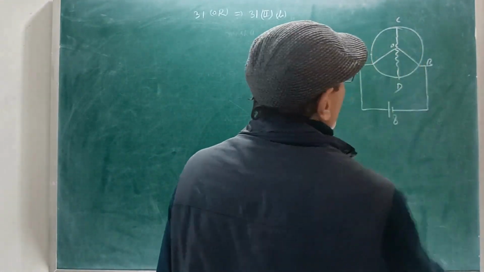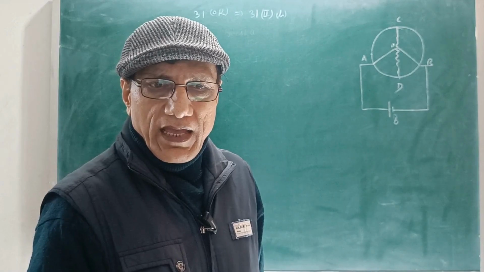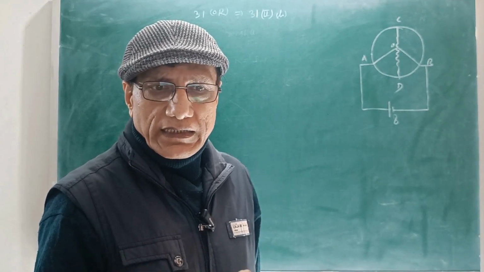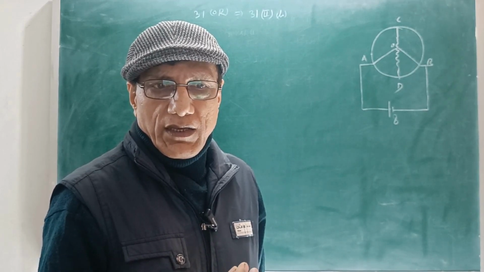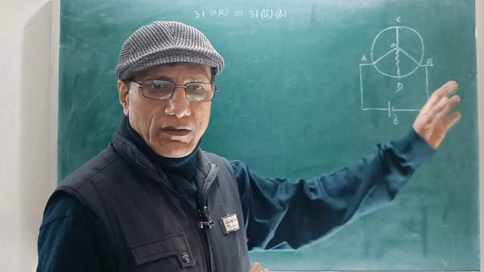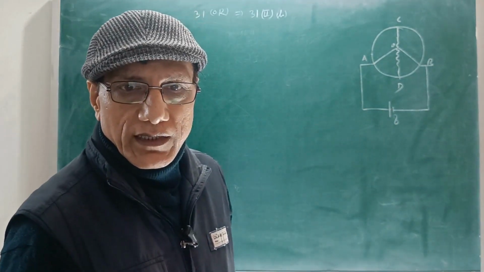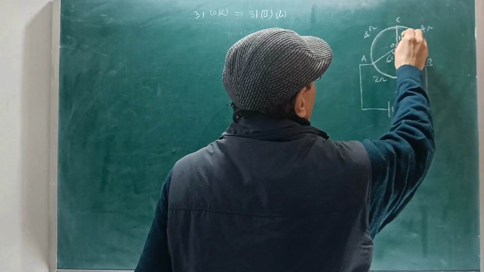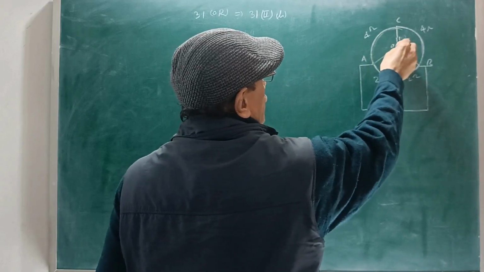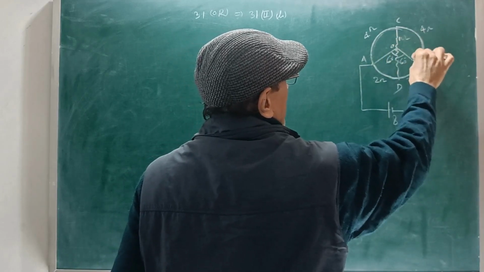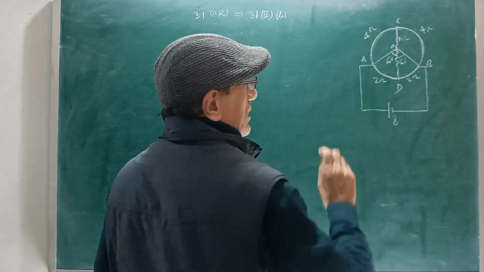This is a point O. And the resistance of the whole wire is 12 ohm. The resistance is connected of 10 ohm. And these 2 points are connected here and here, A and O and O and B.